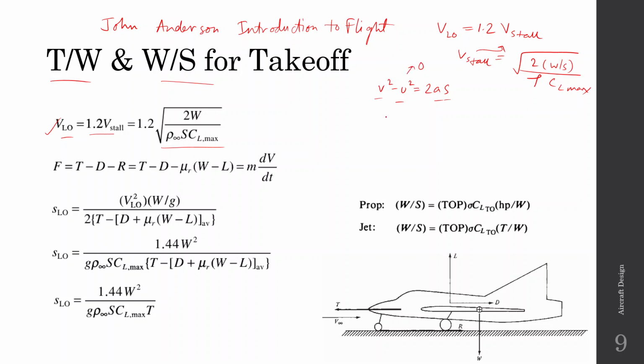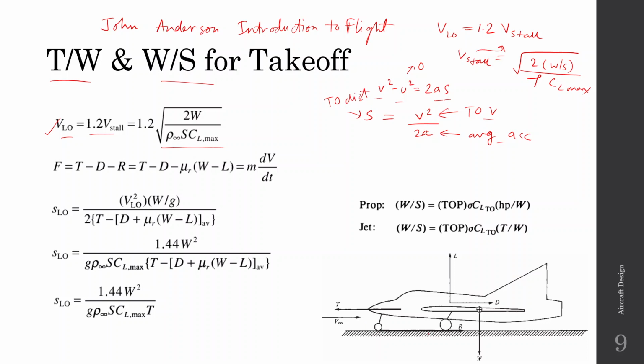So in this case S is the takeoff distance, equal to takeoff velocity squared by 2A, where V is the takeoff velocity and A is the average acceleration. Once we find these quantities, we can find the takeoff length.